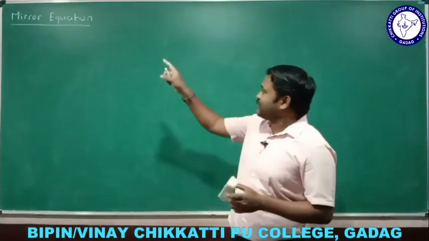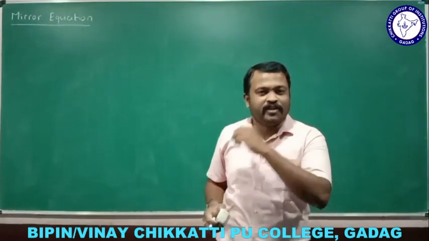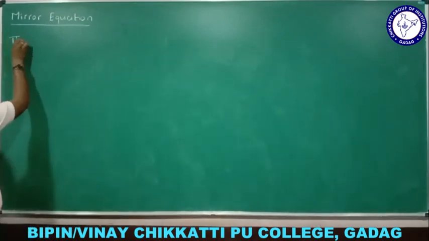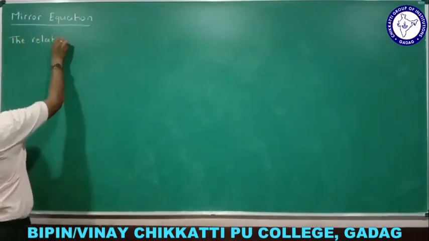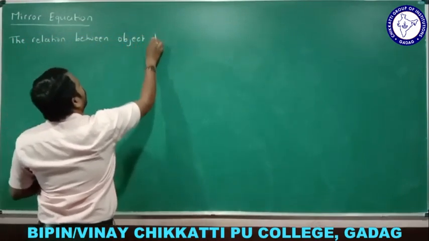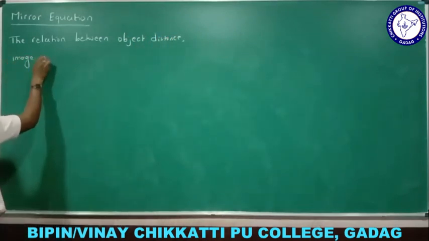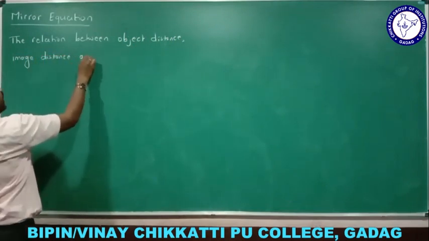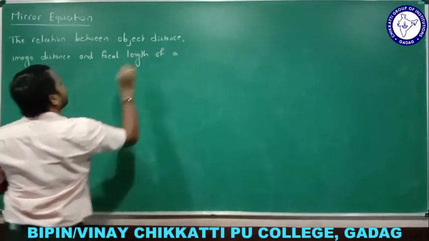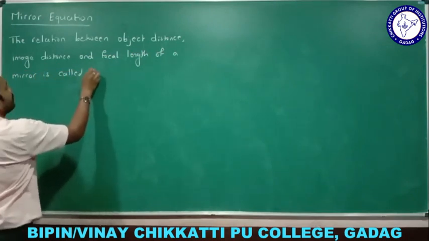Now let us move on to the next section, that is the mirror equation. First of all, let us understand what the mirror equation is. The relation between object distance, image distance and focal length of a mirror is called the mirror equation.